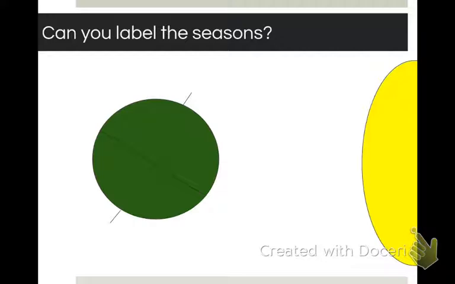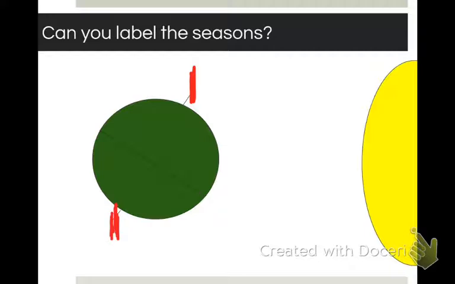The northern hemisphere in this case is summer, because the northern hemisphere is tilted towards the sun, and the southern hemisphere is winter because it's tilted away from the sun. So again, if you are having trouble telling if it's tilted towards or away, you can put one finger on the North Pole and one finger on the South Pole.